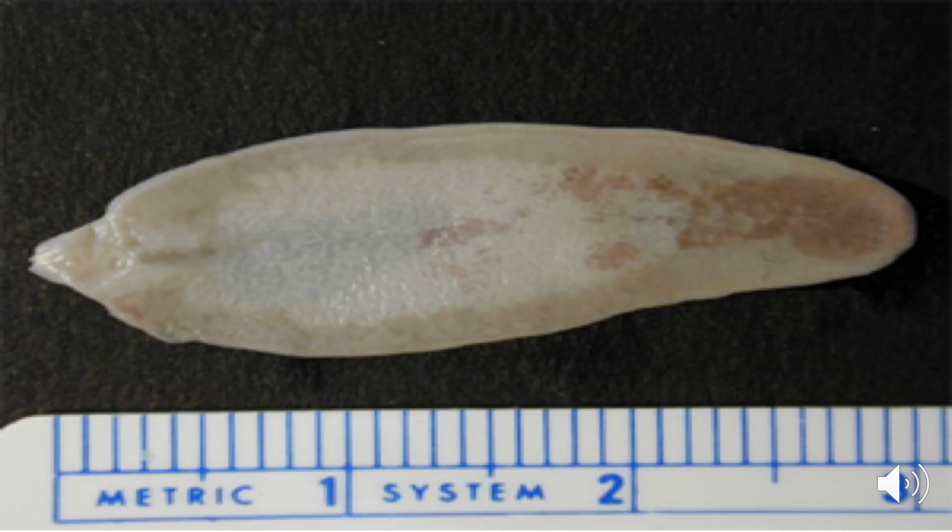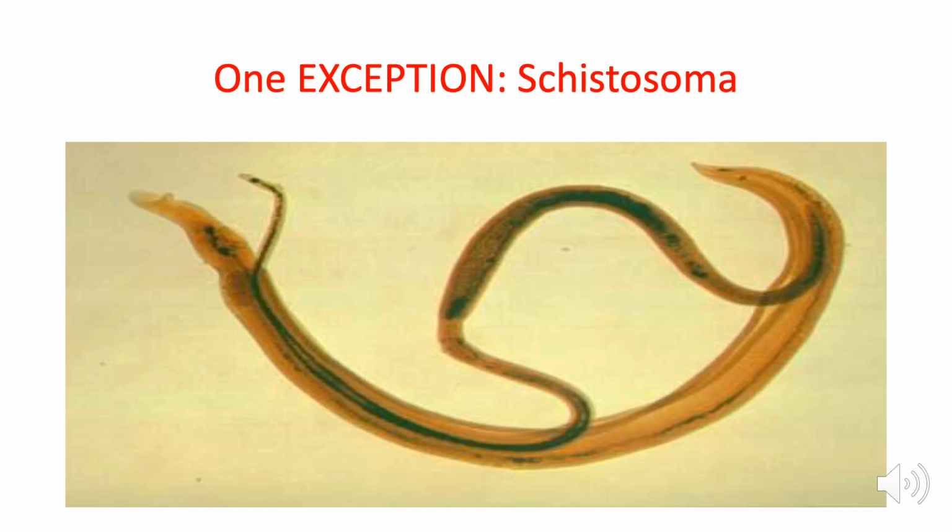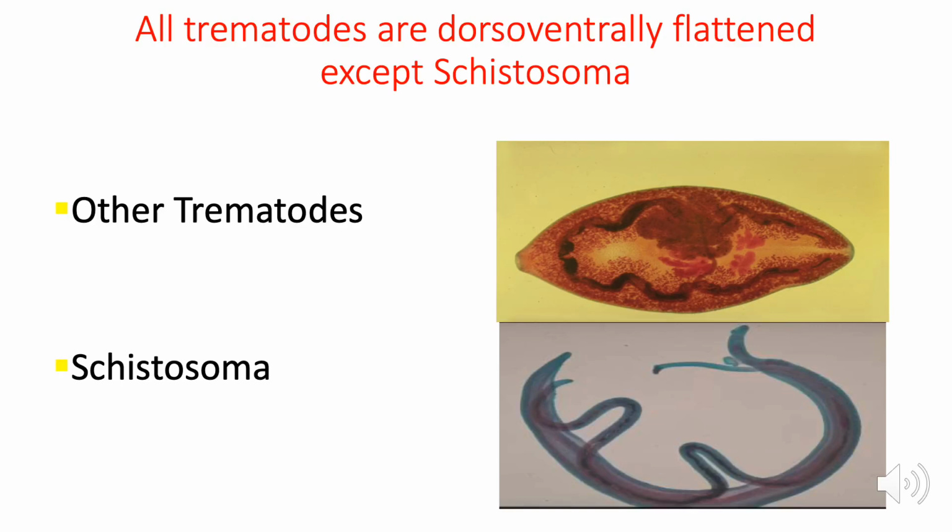All members of the trematode group are dorso-ventrally flattened, with one exemption. And that exemption is the Schistosoma species. So we can conclude that all medically important trematodes are dorso-ventrally flattened except for the Schistosoma. Take a look at the picture of a typical trematode.